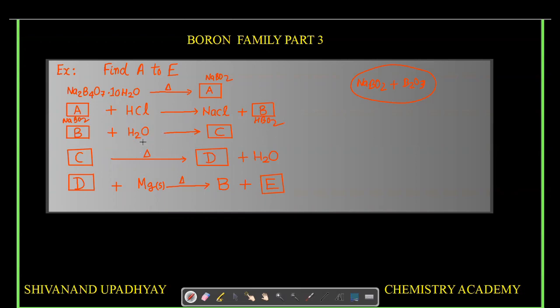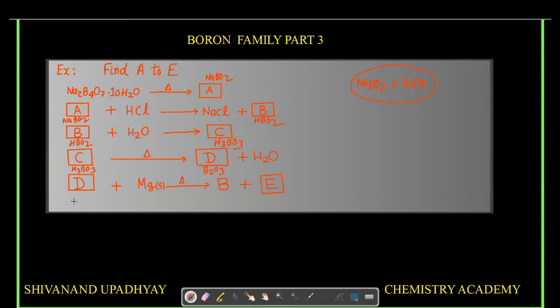We know that from boric acid, if we remove one water molecule, metaboric acid will form. So if we add one water molecule to this metaboric acid, boric acid will form. So C should be H3BO3. Then on heating this C, if we heat boric acid H3BO3, its anhydride will form, that is B2O3, and water molecule will go away.